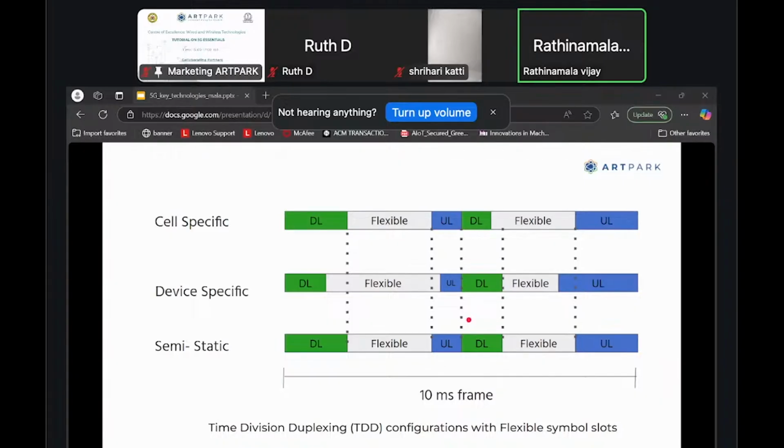But within the flexible symbol slots, it can adjust and provide the requirement of a device. Device here means the user equipment.